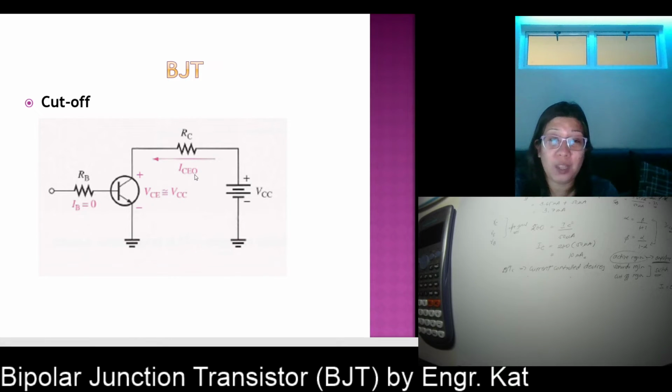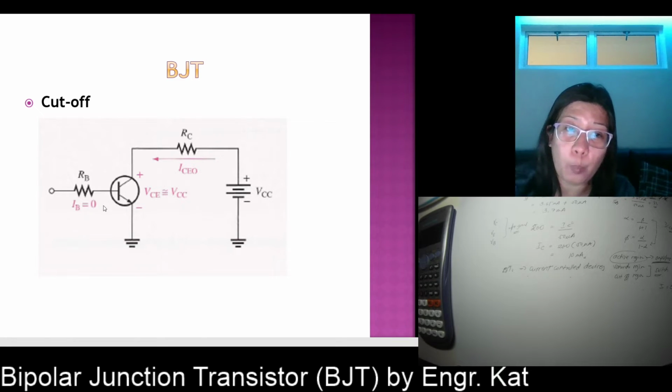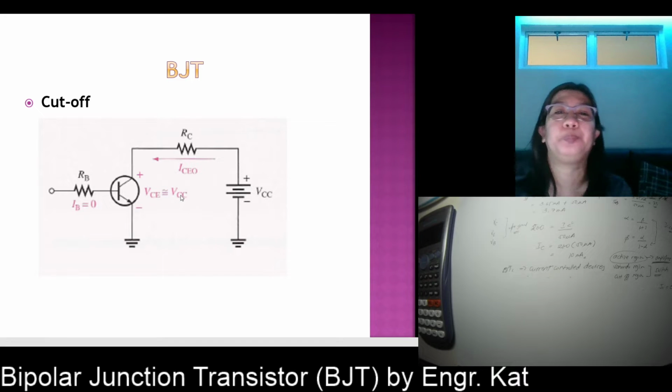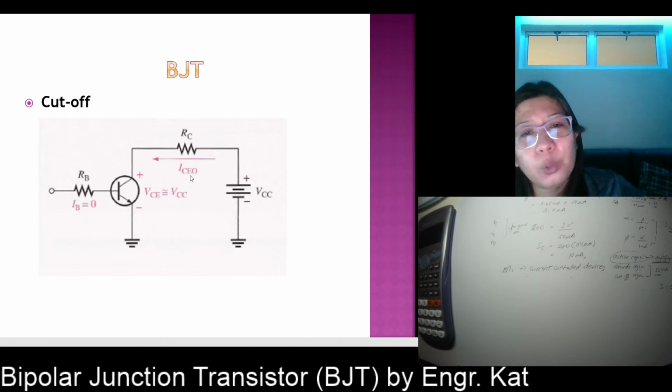So what signifies that the base is open? Your IB is equal to 0. Since the base is open, base current is equal to 0. So what is existing here is your leakage current, which is ICEO. ICEO only happens in common emitter configuration, because that is the collector to emitter current when your base is open.